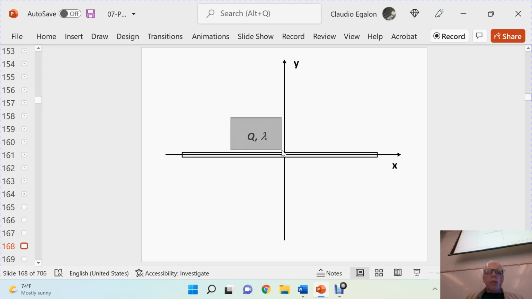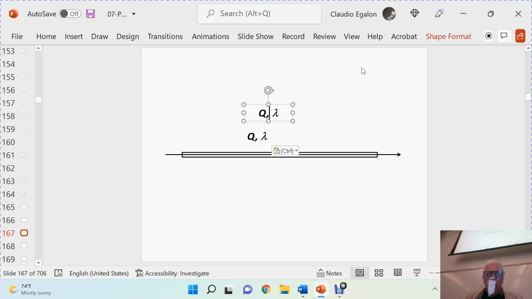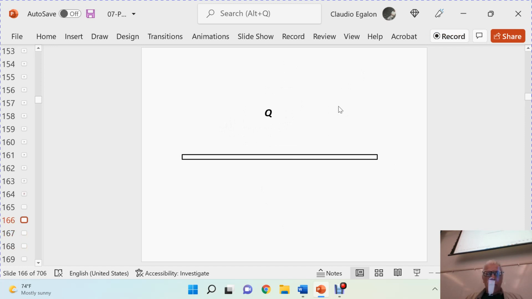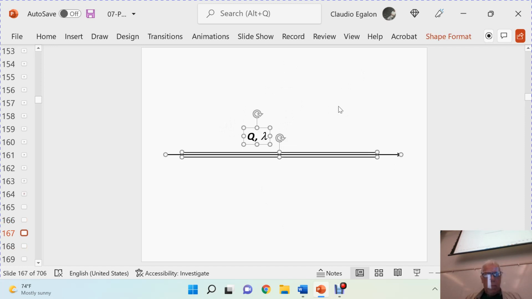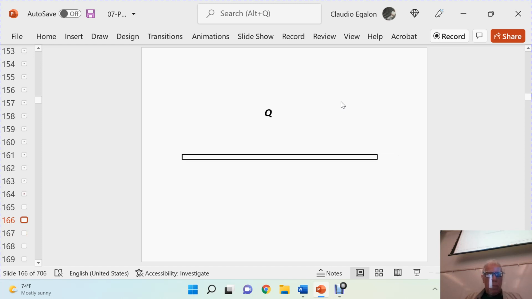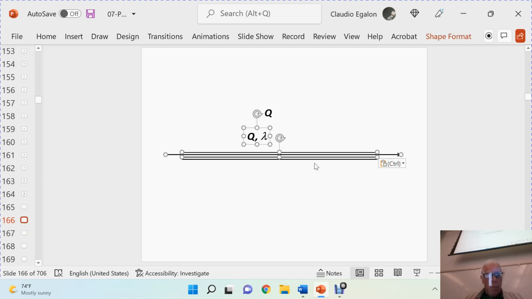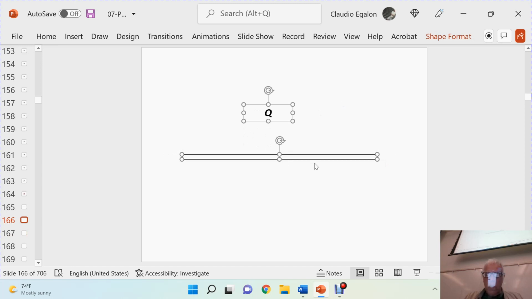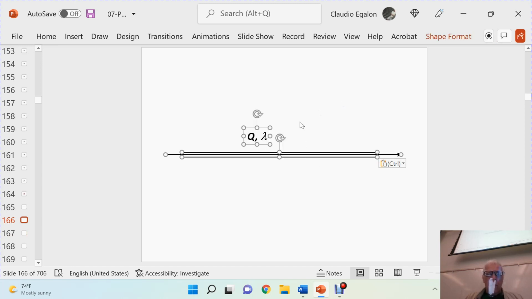I'm gonna put this one here so it can look better. The previous one, here you go. No x-axis, right?